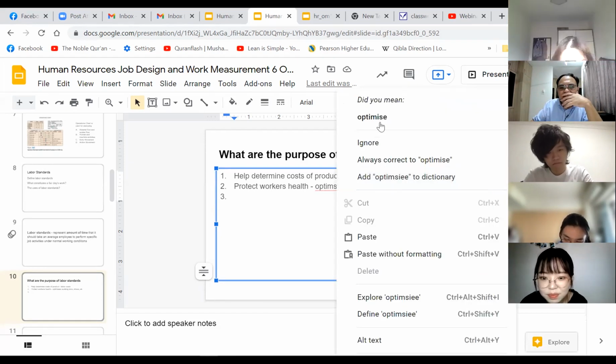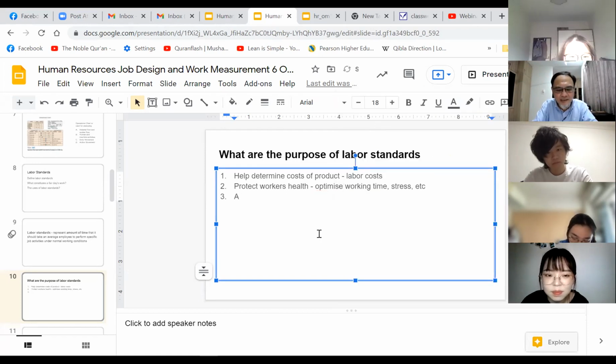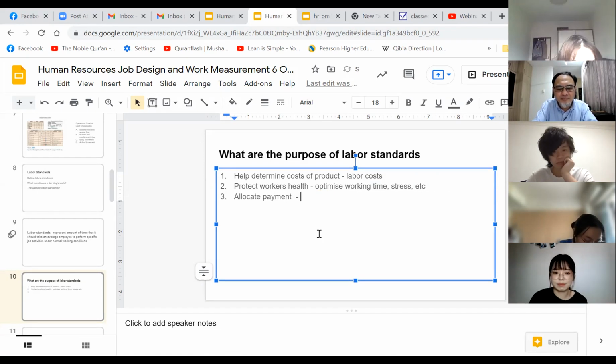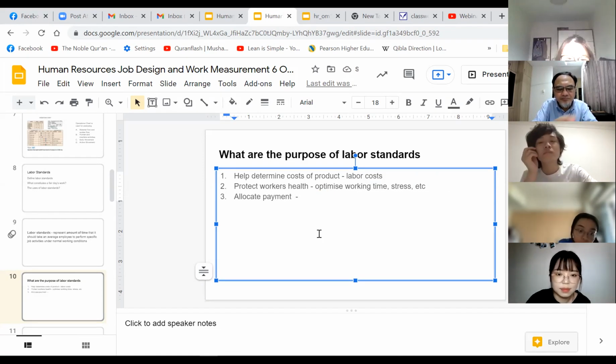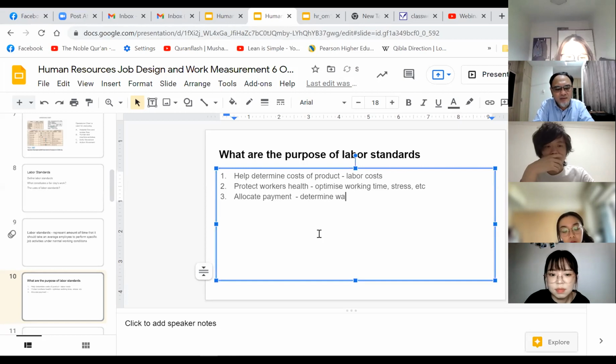How about allocating the payment for workers, like when a worker works overtime and you pay him the extra pay. So labor standards are used to determine wages, or even what they call incentive schemes.